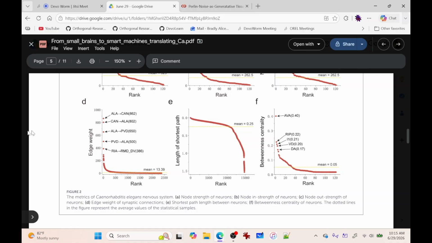And then there's this length of shortest path graph in E, which is this power law. It's kind of not, well, I guess it's power law. Yeah, it's a regular power law where you have this set of paths and then you have longer paths. So you have very few paths that are long and a lot of paths that are short.